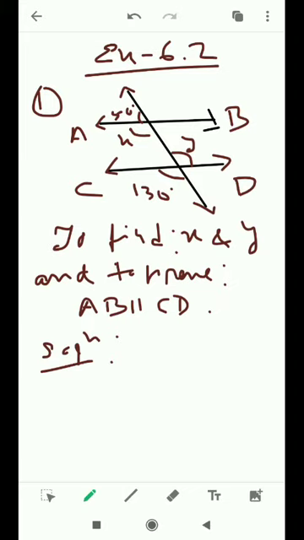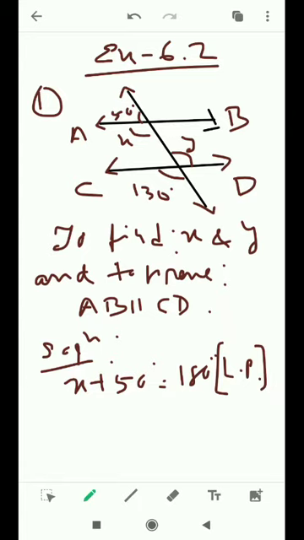So the solution I am going to do here. From the diagram you can see, first of all, X and 50 degree are in linear pair. So we can write X plus 50 is equal to 180 degree because they are on the same straight line. So they are linear pair.